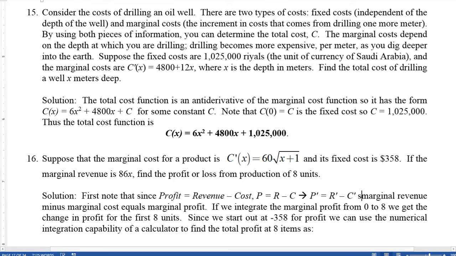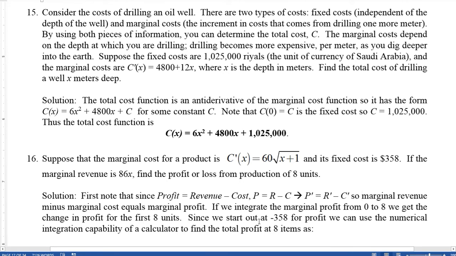So in words, marginal revenue minus marginal cost equals the marginal profit. Again, we're using marginal for derivative. So if we integrate marginal profit from 0 to 8, we get the change in profit for 8 units.